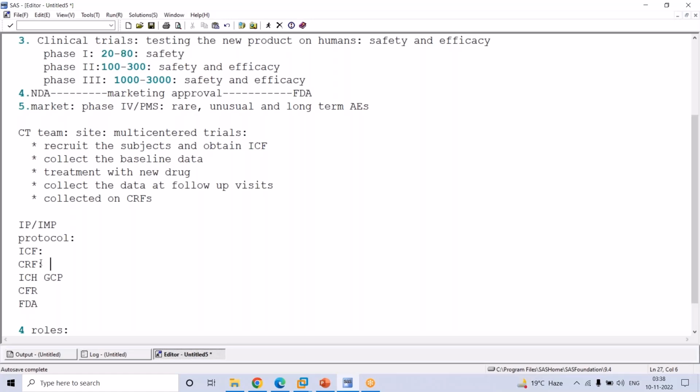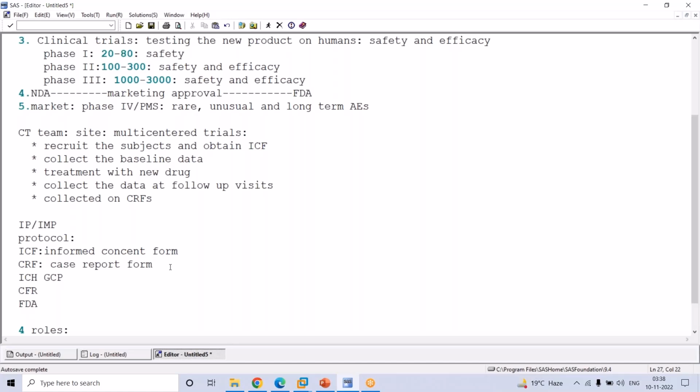This is the case report form. Case report form, informed consent form, protocol. And this is the investigational product.